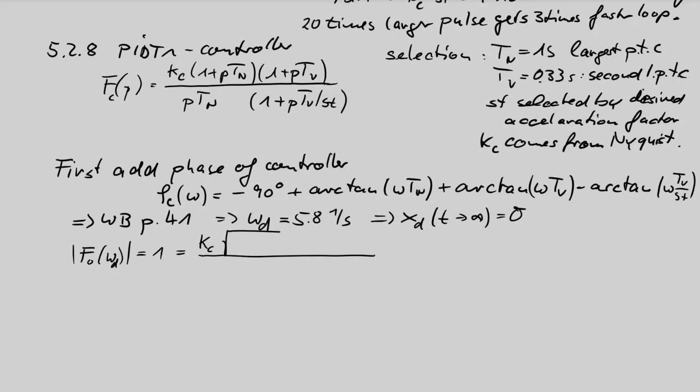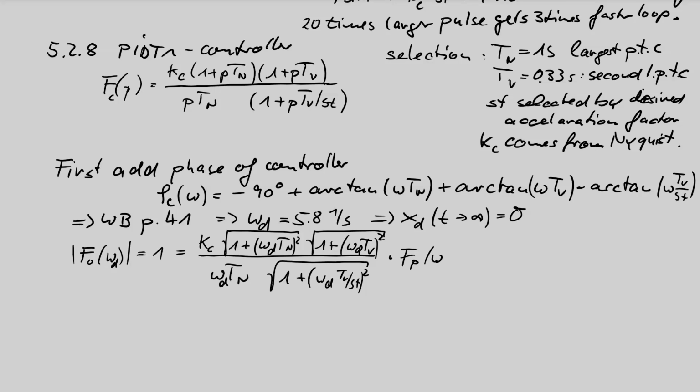Kc, each 1 plus pt term gives a Pythagoras expression: 1 plus omega d Tn squared, 1 plus omega d Tv squared, here in the denominator omega d Tn, and finally the Pythagoras 1 plus omega d Tv over step depth squared expression, multiplied with the process magnitude at omega d.